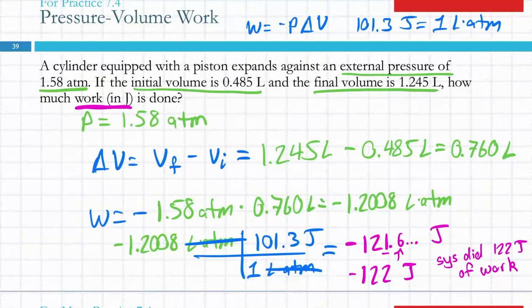Because of the way that it's worded, it gets flipped. It used 122 joules. The negative is just saying that that's what it did. It's very fun and confusing and not at all confusing. I would maybe give you full points if you answered negative 122 joules, if this was on an exam.